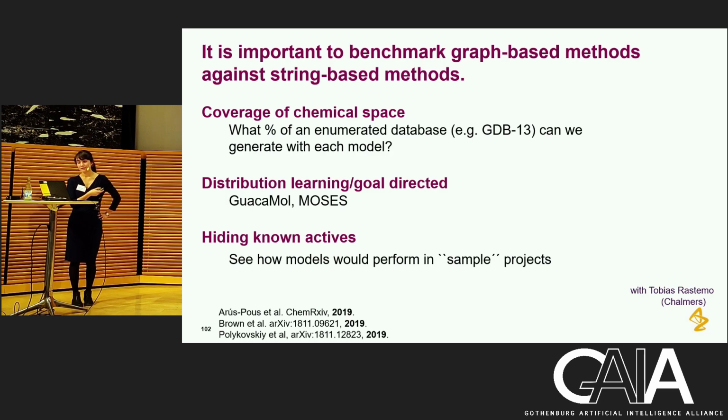And finally, the last benchmark would be the task of hiding molecules which we know to be active from the training set, training our model on it, and seeing if the model learns to actually regenerate those promising molecules. This would be the real test to see how the model would perform in example projects.